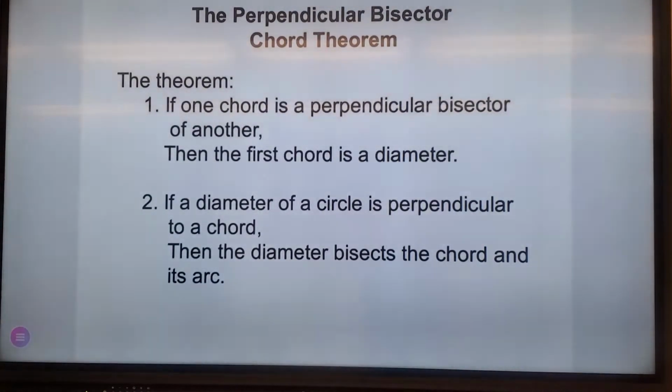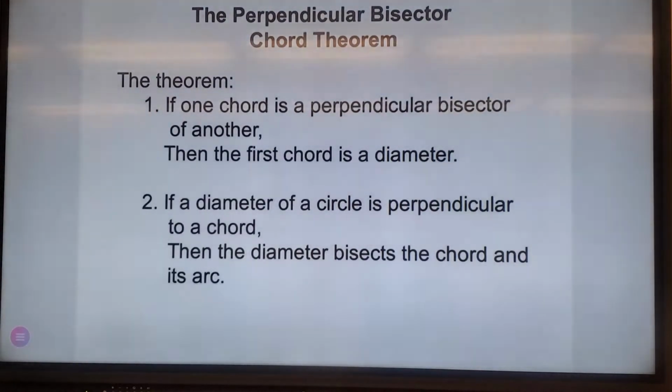We have one of two things here. Either A, I give you that the chord is a perpendicular bisector, which means what? Perpendicular indicates that they connect at a right angle, and bisector means that it splits it in half.